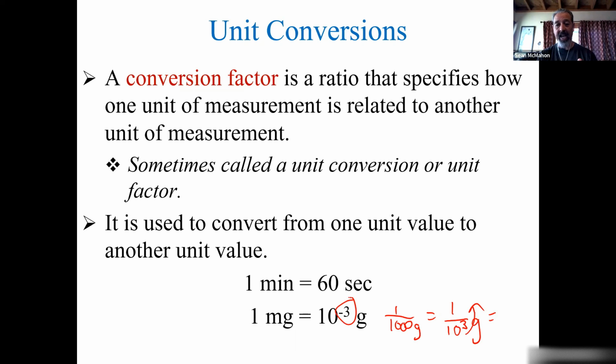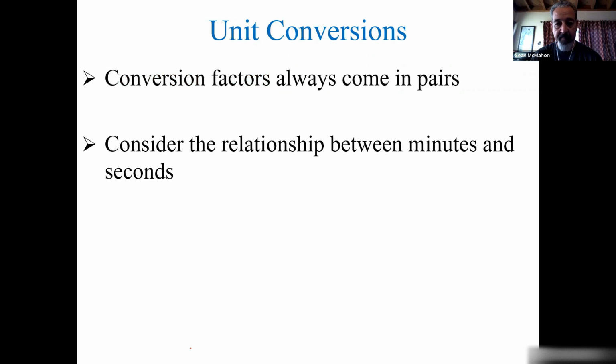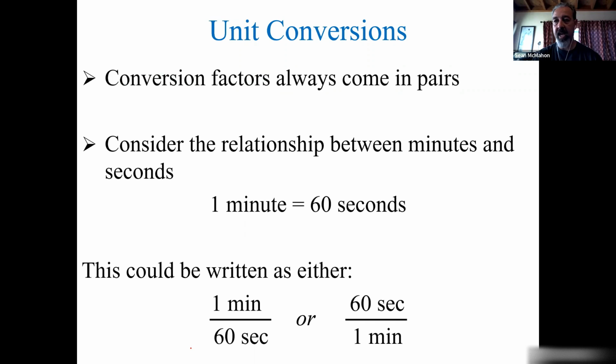If you don't like that, for milli, you can just say there's 1,000 milligrams in 1 gram. But essentially what we're doing is we're changing one unit to another because they're equivalent. So they typically come in pairs. So how can we write them as conversion factors or ratios? Like that.